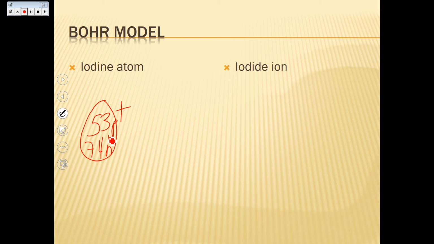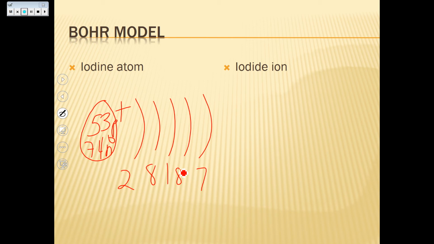Iodine is in period 1, 2, 3, 4, 5, so it's going to have 5 shells. It is in group 7, so it has 7 electrons there, 2, 8, 18, and then to make it 53, that's 10, 28, 35, 45, 55.